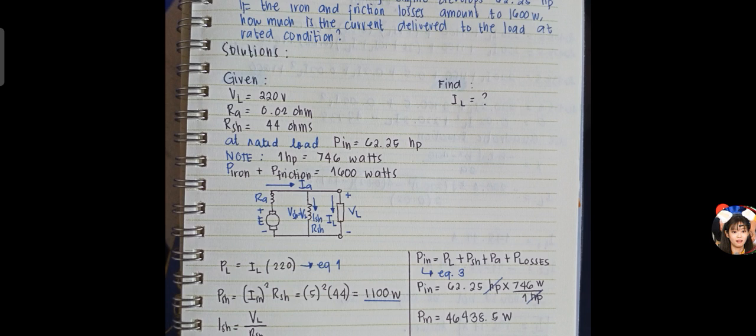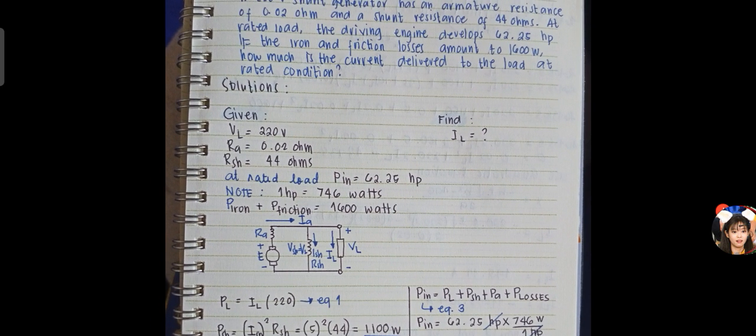We know from our previous lessons that the conversion of horsepower to watts is 1 horsepower equivalent to 746 watts. We also have a given that the P iron and the P friction have a total value of 1600 watts.